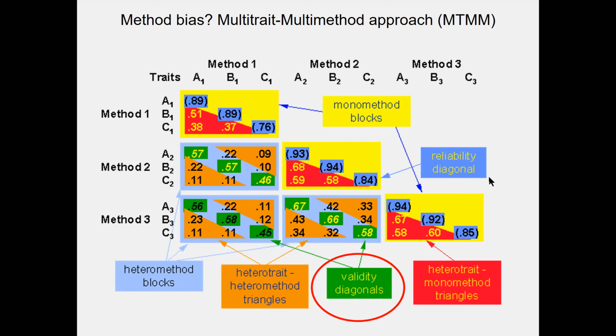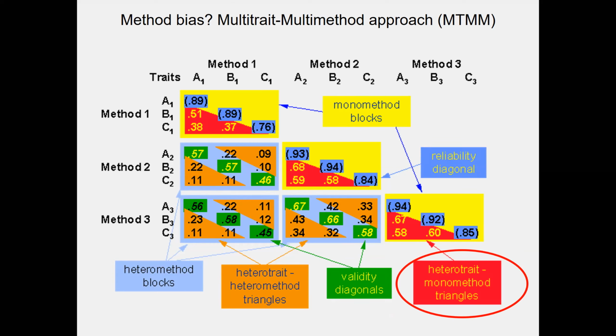And now we're going to go one more, which is the heterotrait monomethod triangles, which are bright pink. And unfortunately, in this case, these are high. We want our heterotrait, heteromethod triangles to be low. We want our validity diagonals to be high.